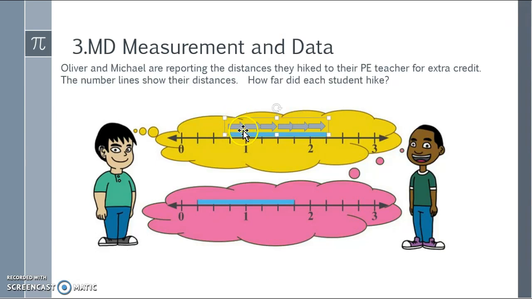He went 1/4, 2/4, 3/4, 4/4, 5/4, 6/4 of a mile. And if I bring these arrows down here to look at Michael, he went the exact same distance as Oliver, even though he started at a different location. So each student hiked 6/4 of a mile.